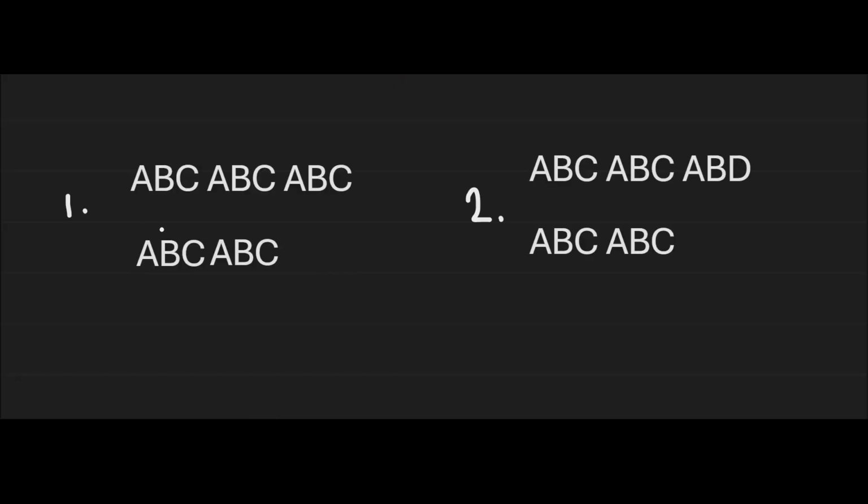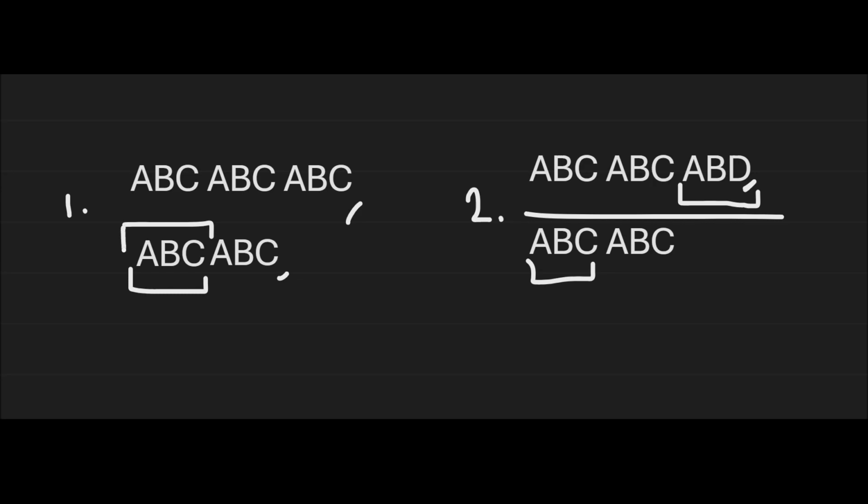So in the first example, we can see that the string of length 3 divides both of the strings. But in the second example, the string of length 3 does not divide the first string because of this D. If we observe carefully, if we repeat the string of length 3 again and again, then we divide both of these strings perfectly.